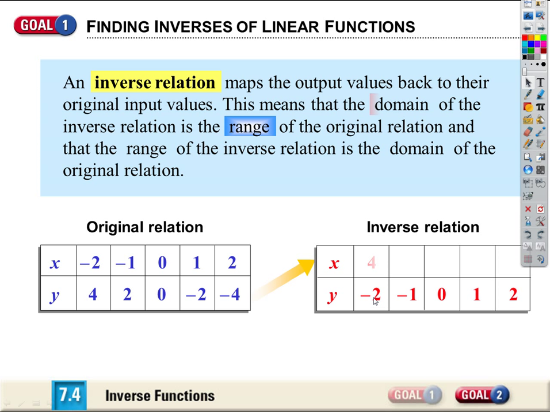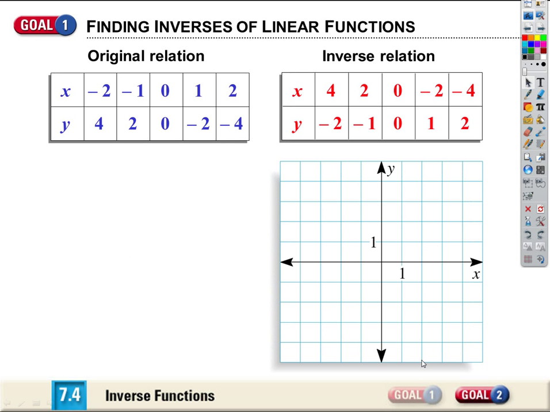Okay? Now watch what happens if we plot these things. There's a relationship between the graph of the original and the graph of the inverse. The blue dots are the points that represent the original relation. Now watch what happens if we graph the inverse. Okay, there they are. Now there's the first one. Notice what's happening here.